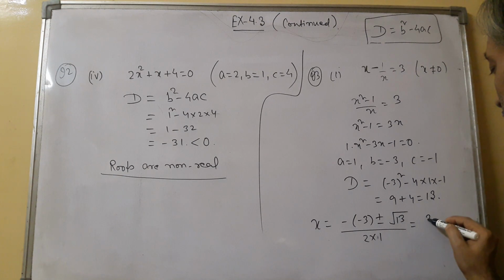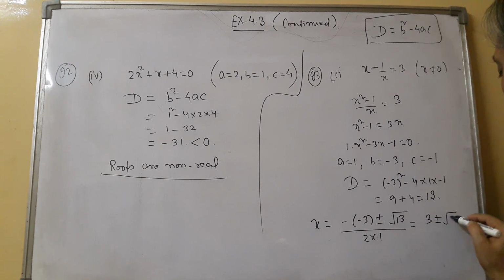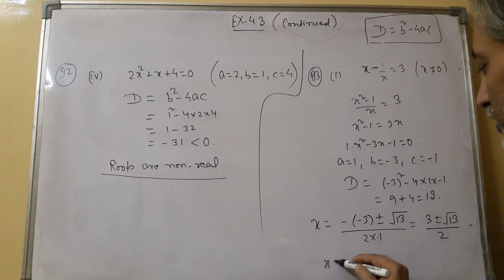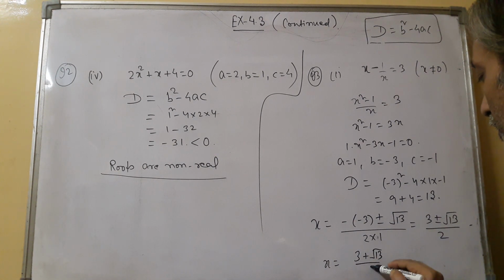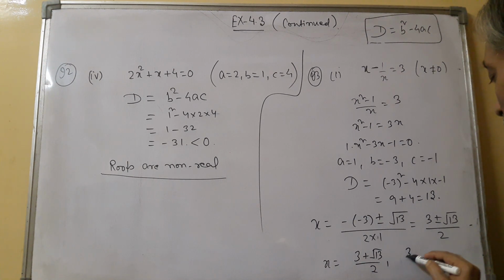So we are getting 3 plus minus root 13 upon 2. It means x equal to 3 plus root 13 upon 2, first answer, and second answer is 3 minus root 13 upon 2. So we are getting two values.